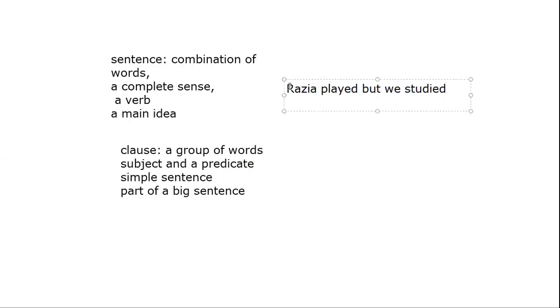Or you can say, she lives near my house. Now you always put a full stop after a sentence. So Razia played, but we studied, and she lives near my house.